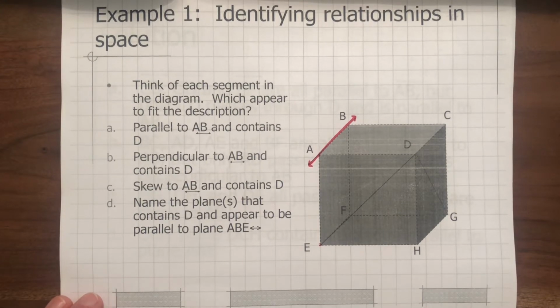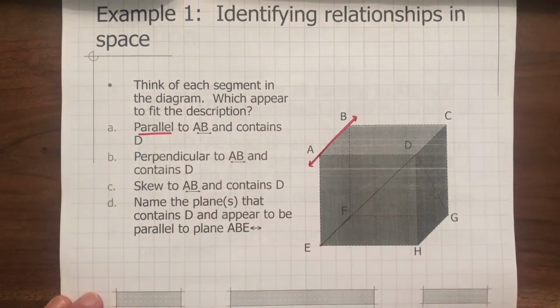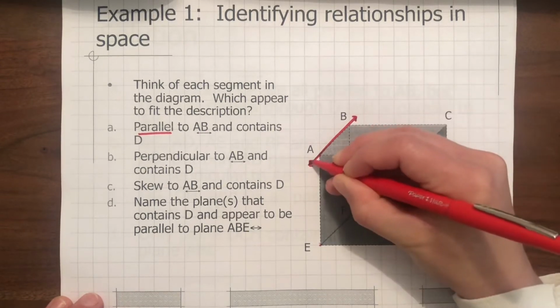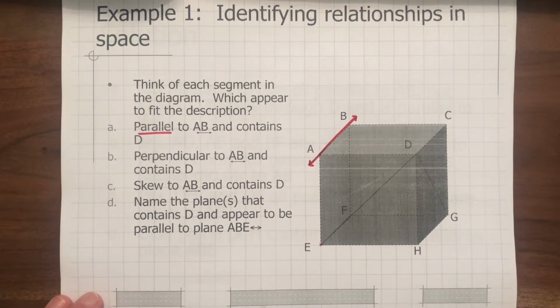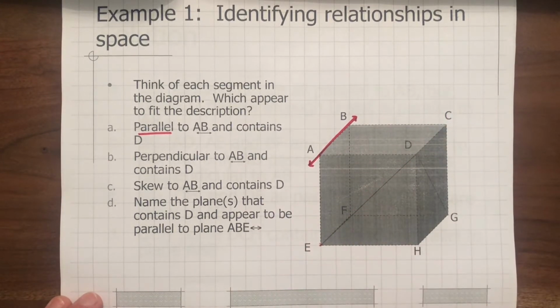So the first one I want us to look at is what line is parallel to AB and contains D. So I'm looking here, parallel to AB. So here's our AB. I've already drawn the line segment here. Parallel to AB means that it is in the same plane, but it never intersects.